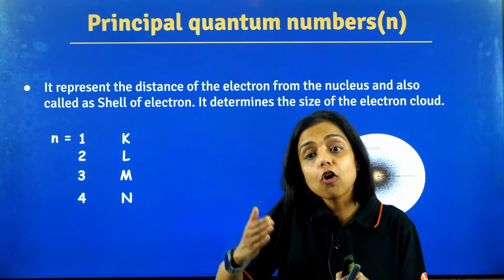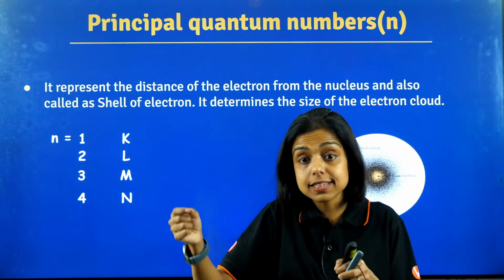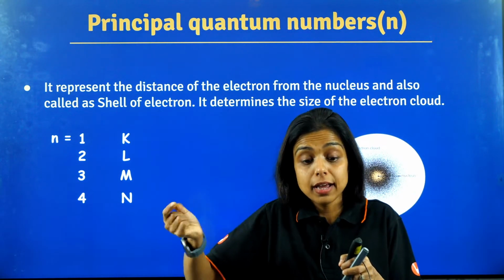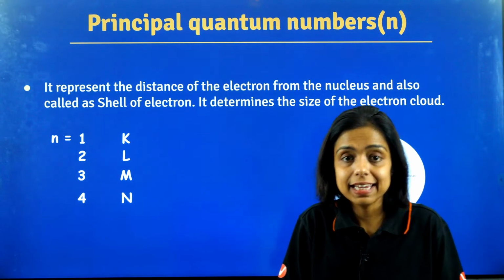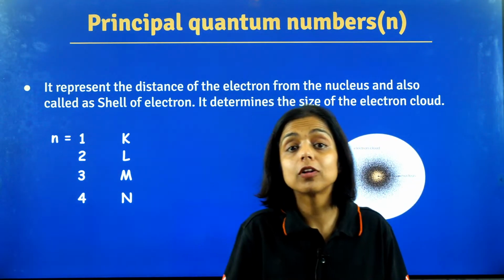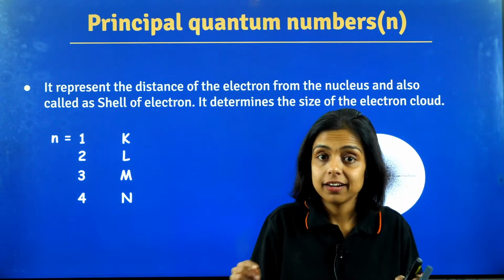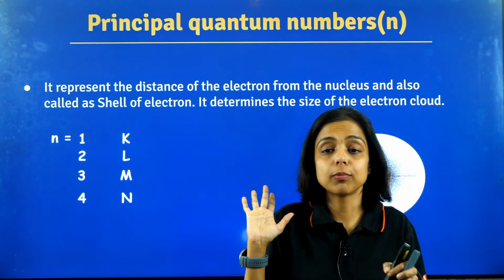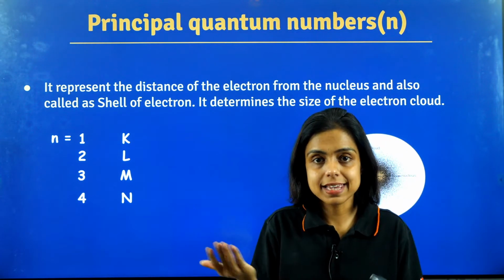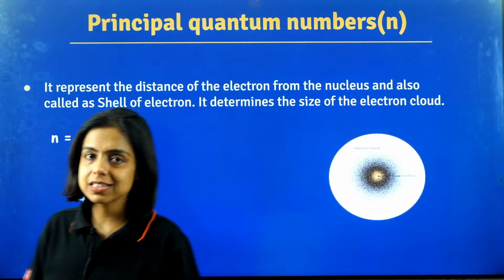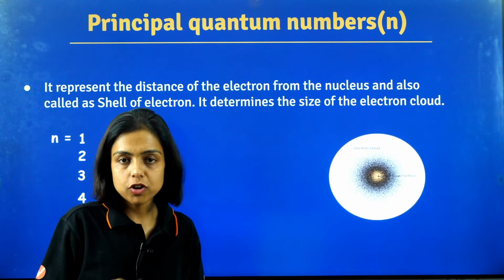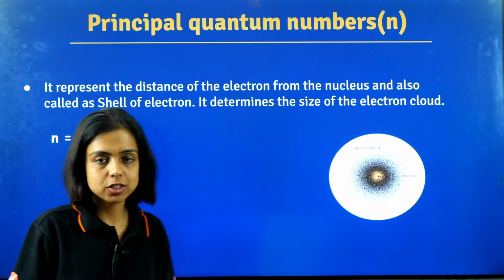As the value of n increases, the distance between that electron and the nucleus also increases. So I can say the n value tells you about the radius, how far that electron is from the nucleus, the size of atom, right? So n, principal quantum number, I will say is the easiest one, right? First shell, second shell, third shell and so on.